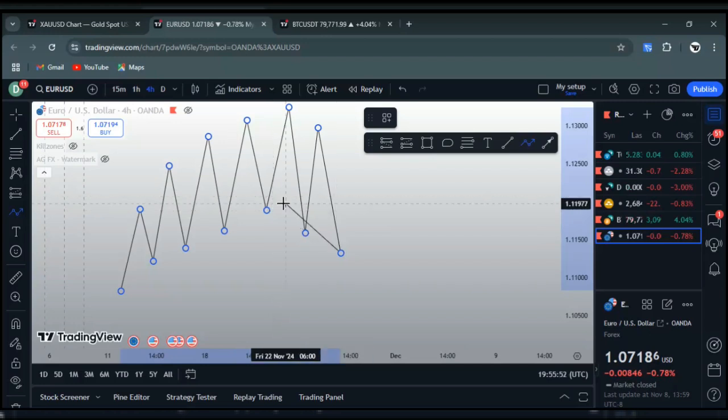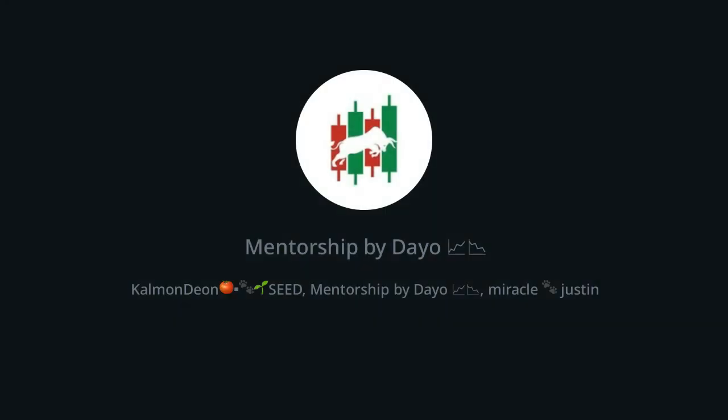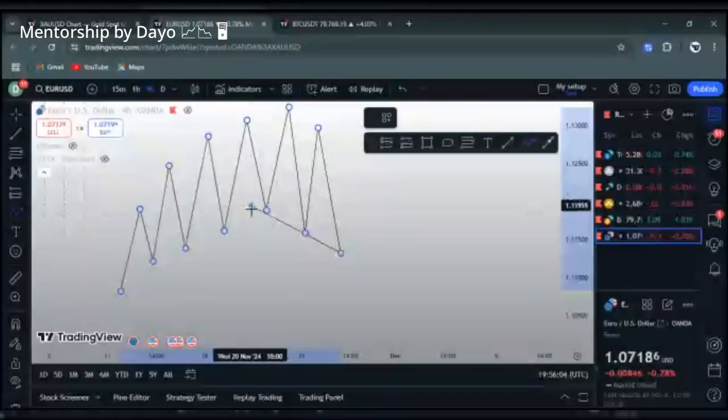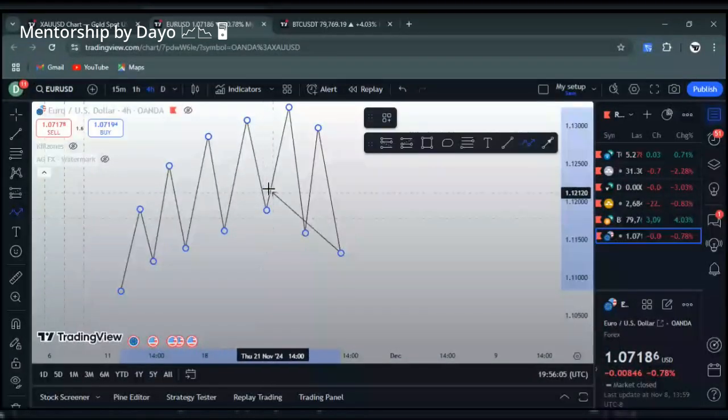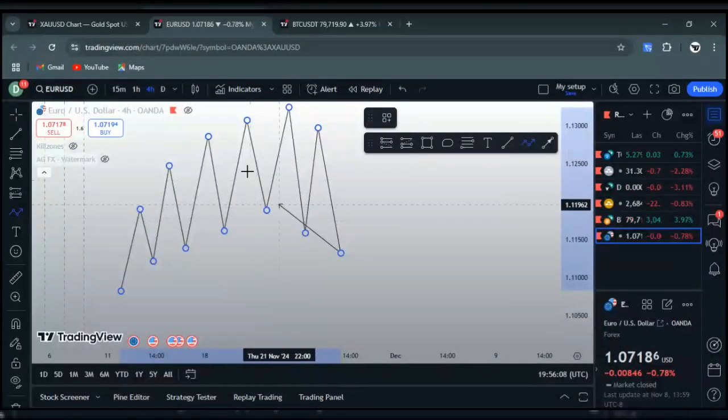Some call it market structure shift. Some call it change in market structure. Some call it change of character. So whatever English you call it, we are particularly talking about a change of trend. You can call it change of trend, you can call it change of character, you can call it market structure shift, whatever English you want to call it.